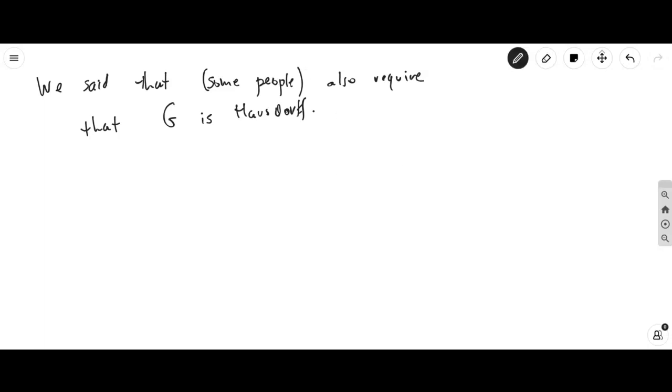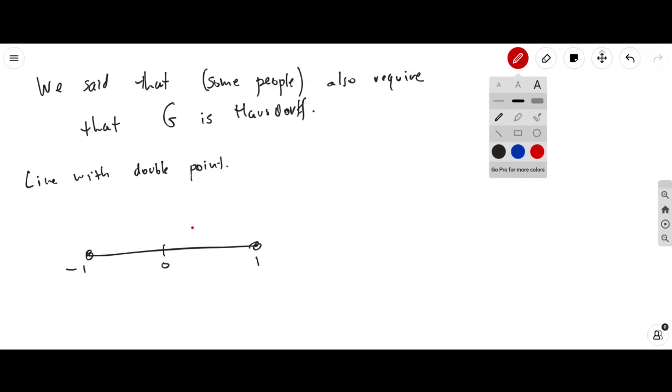Those of you who've had topology the previous semester, we talk about this somewhat bizarre space. It's called a line with double point. So you have a line here, let's say from -1 to 1, and then where you have an origin, you have 2 zeros. One of them is 0 plus, and one of them is 0 minus.